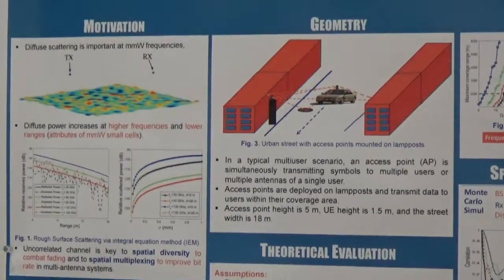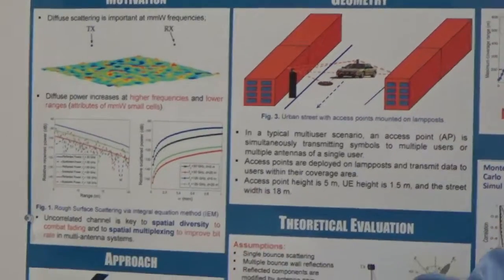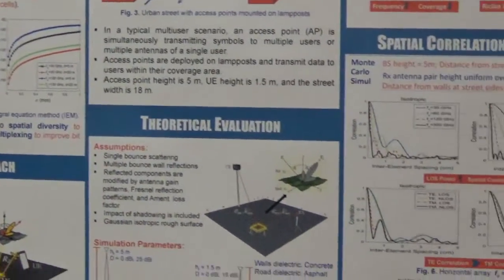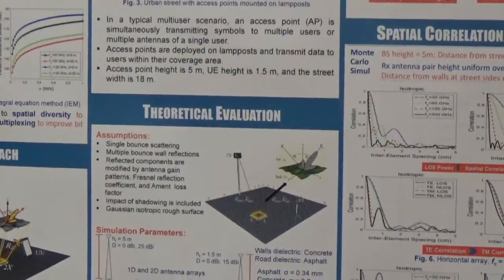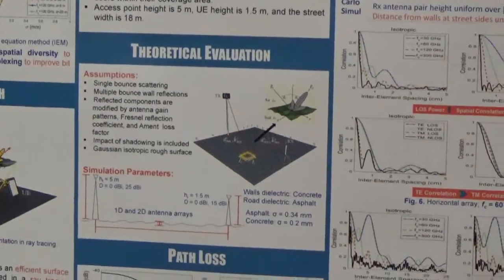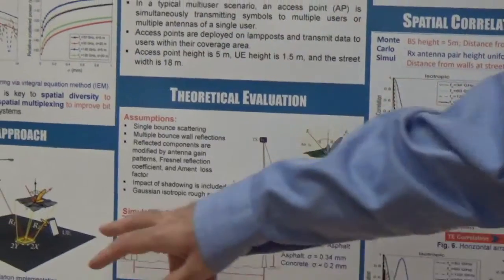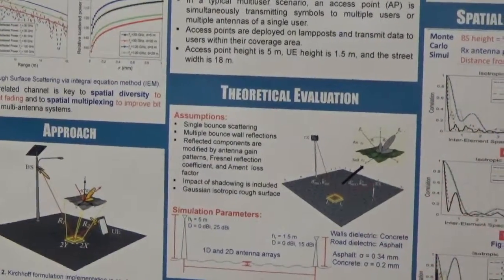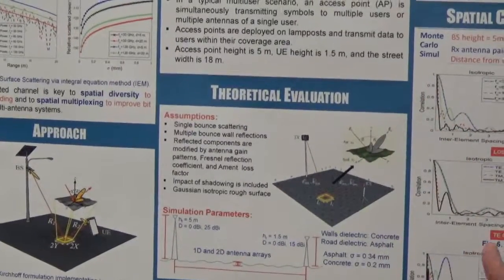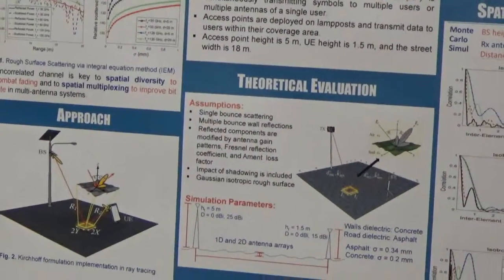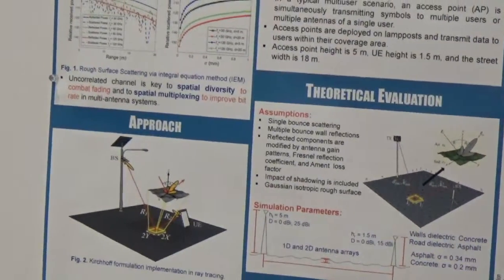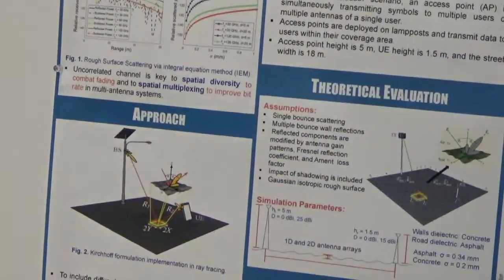Here I show that in our ray tracing model we use the Kirchhoff approximation to implement the impact of diffuse scattering. These are 20 by 20 tiles, each one 10 times the correlation length of the surface roughness, placed around the specular component to include the impact of diffuse scattering.